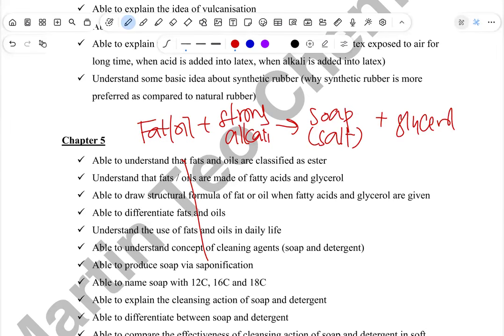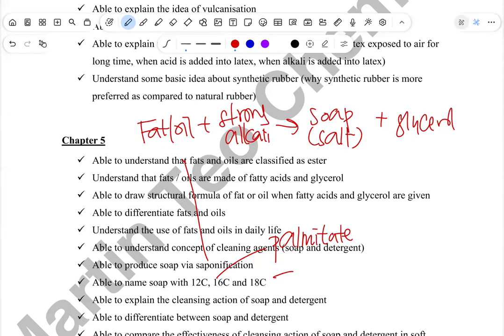For soap, make sure you know the names for 12 carbon, 16 carbon, and 18 carbon. 12 carbon, what is it? 16 carbon, what is it? 18 carbon, what is it? Example, 16 carbon is palmitate. 18 carbon, one minute revision. What's the name, everyone? If the soap has 18 carbon, what is the name?